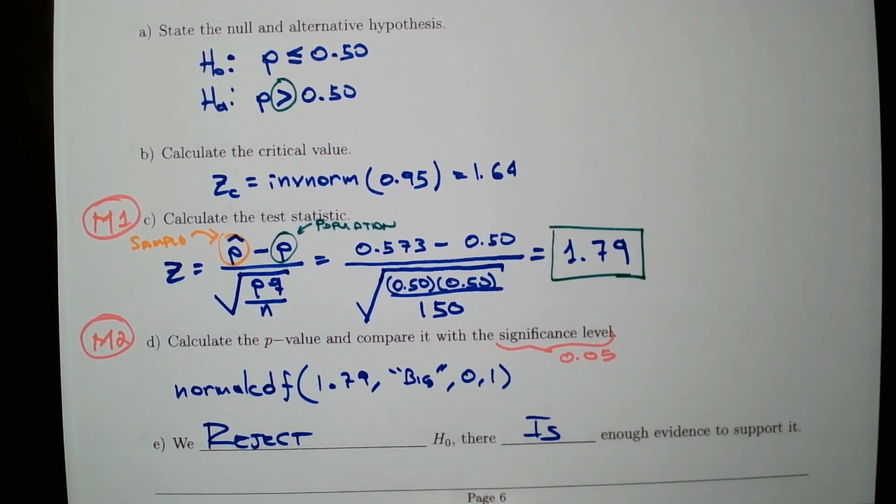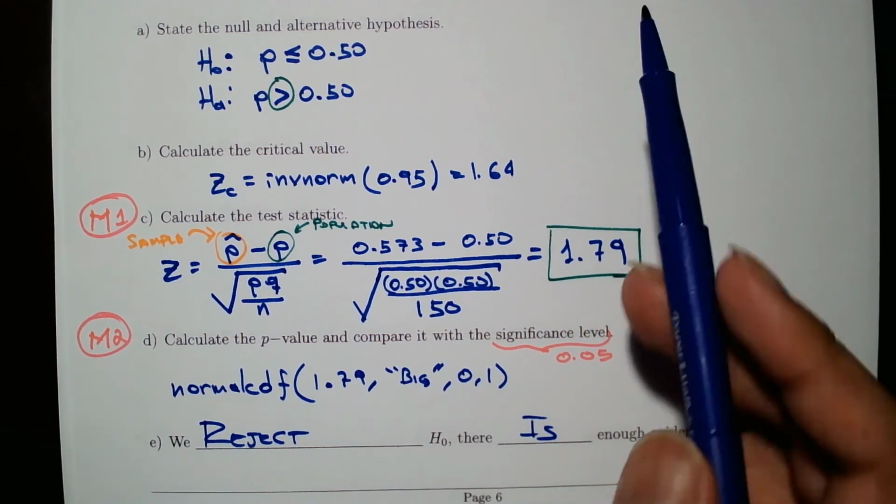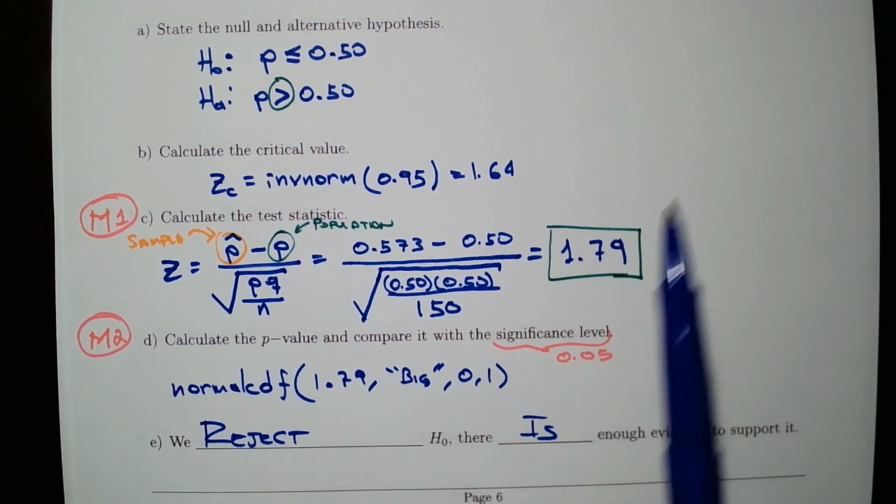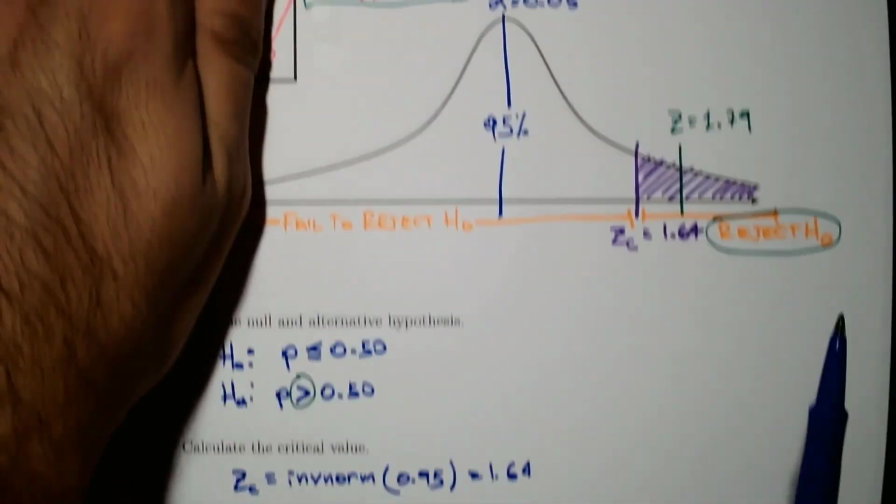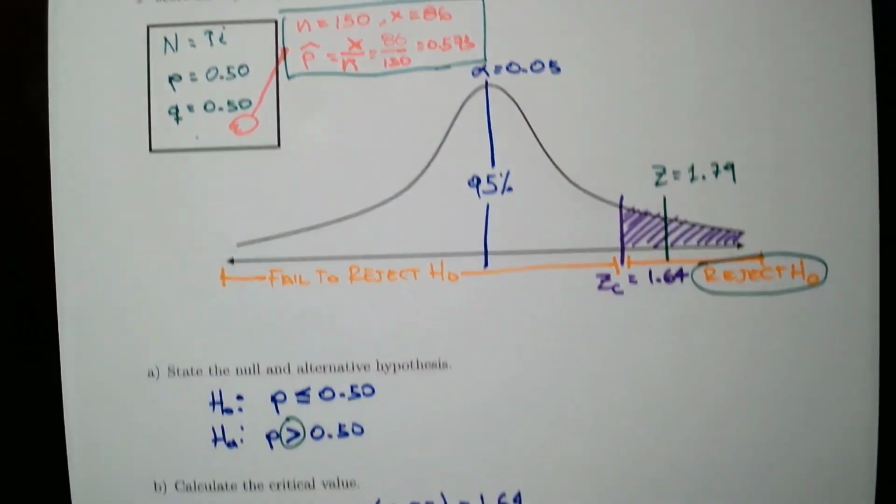So in other words, we're finding the area between 1.79 and whatever number.